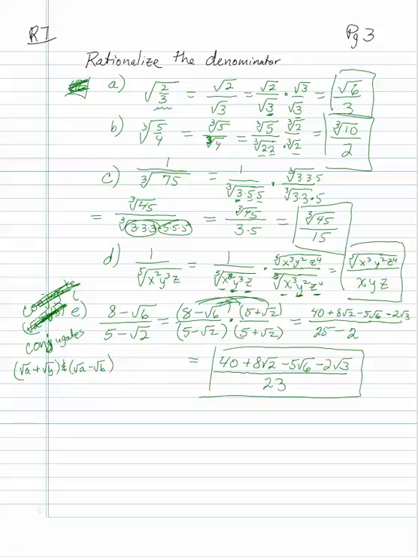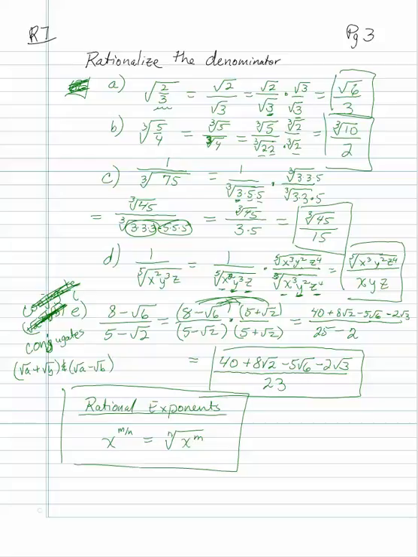Alright, now rational exponents. X to the m over n is equal to the nth root of x to the m, by definition. Okay, so this is exponential notation.